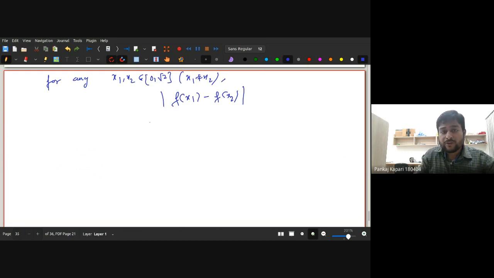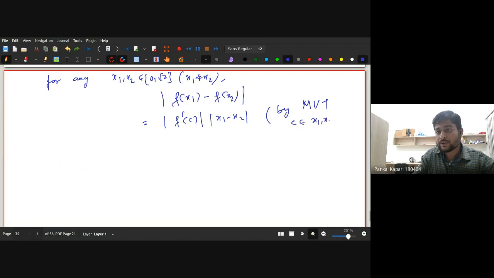Using the mean value theorem, you can write this as the derivative f prime of c at some point times x1 minus x2, where c belongs to the interval x1 comma x2. We are just assuming that x1 is less than x2.